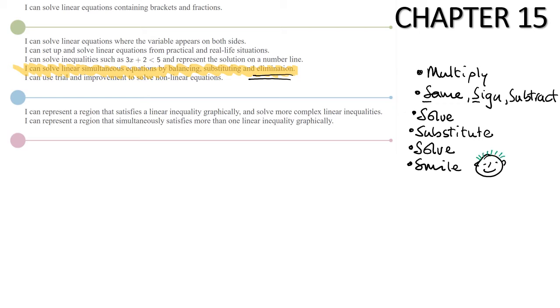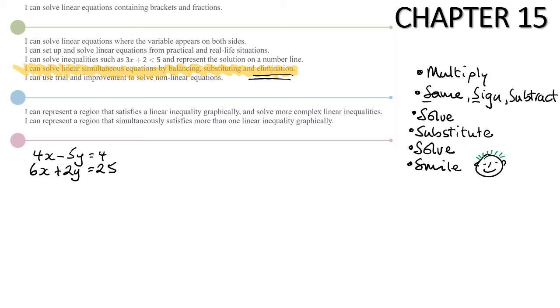Right, so let's do an example. So let's have 4x minus 5y equals 4, and then 6x plus 2y equals 25, like this.